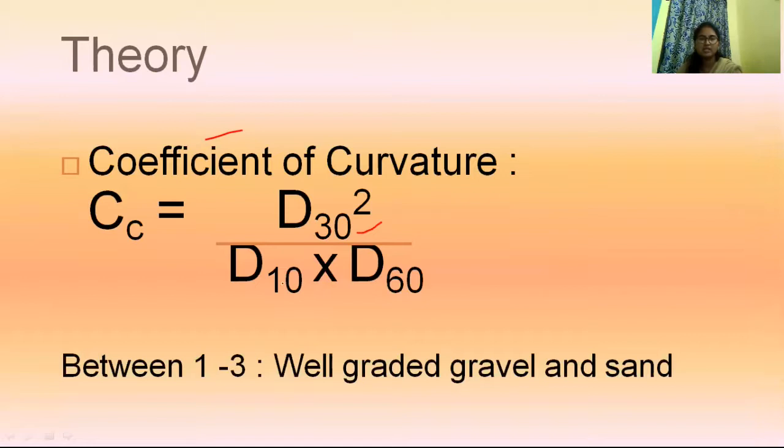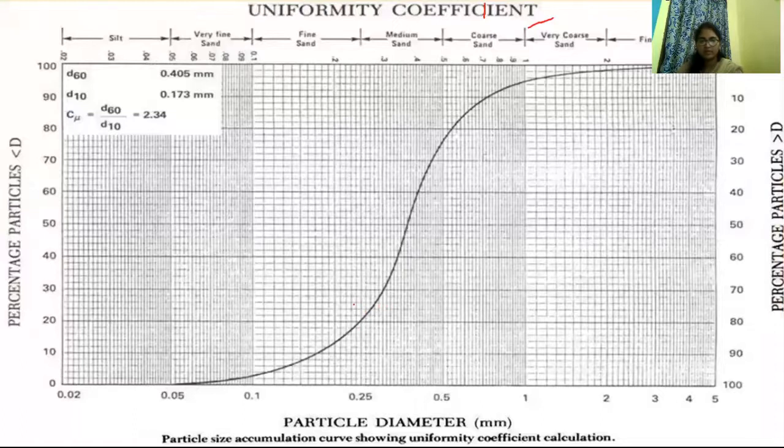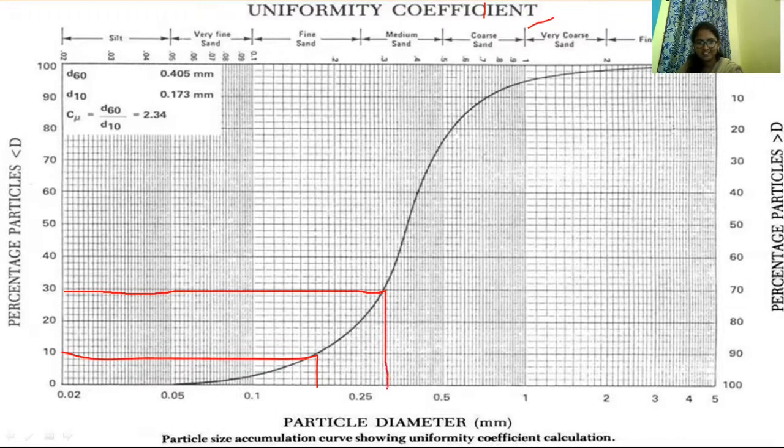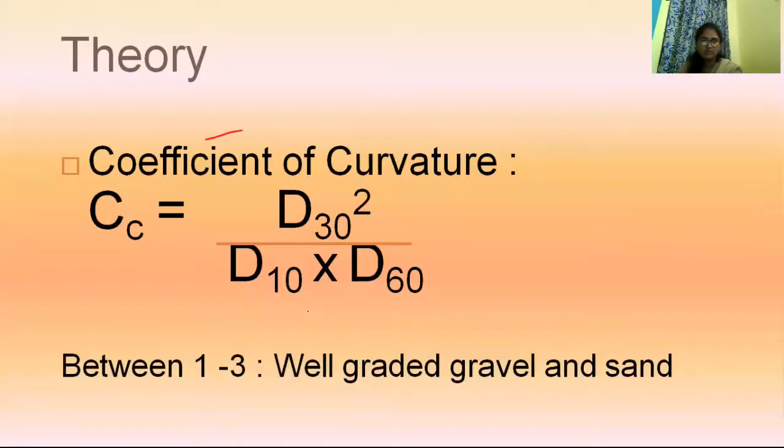These D10, D30, D60 values we can get from the graph, by drawing horizontal and vertical lines and taking the values from the graph.